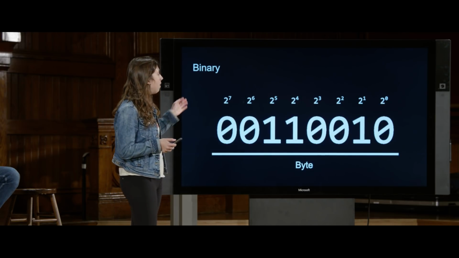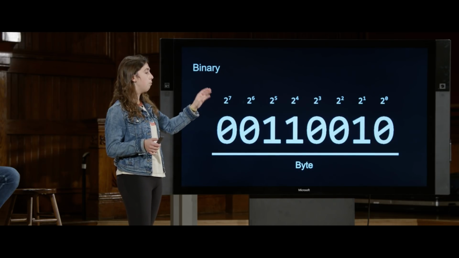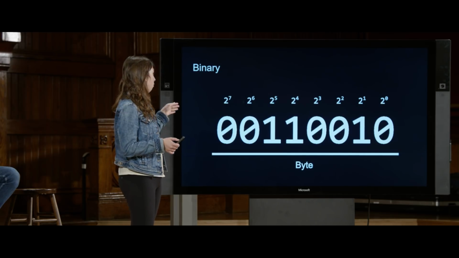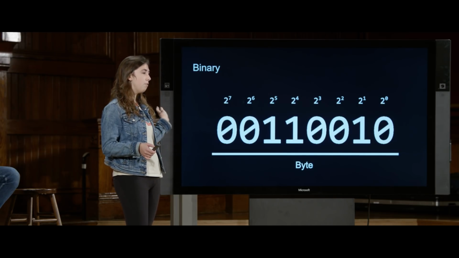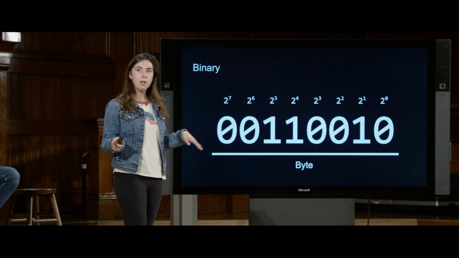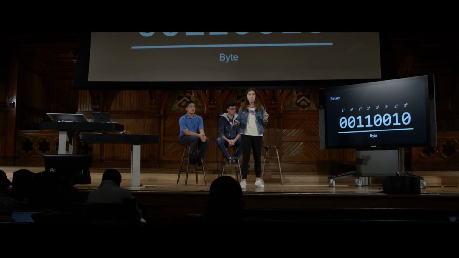But in binary math, instead it's base 2. So the first place, the 2 to the 0th place can be either a 0 or a 1, representing quite literally a 0 or a 1, and so forth all the way up to 2 to the 7th for 8 bits to make 1 byte. Questions about binary? Great.